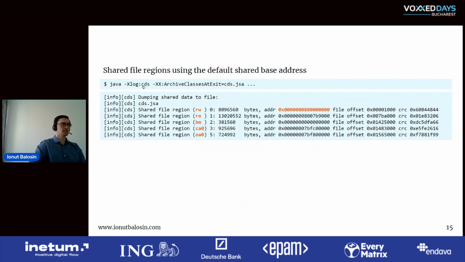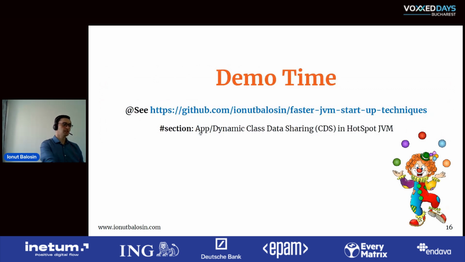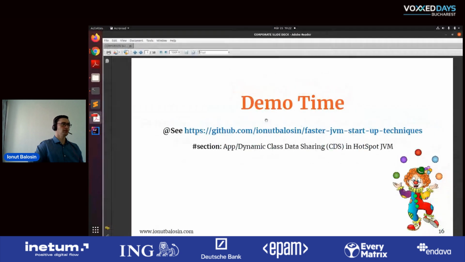You can say you want to log this, and you will find extra information. Not only is this a snapshot to give you an idea about the used regions and the starting point address, but it also tells you if there are some problems while you use this and if it was mapped or not. Okay, so that's basically all about the theory.